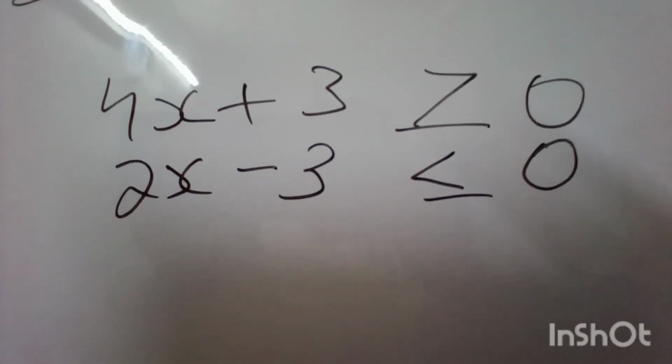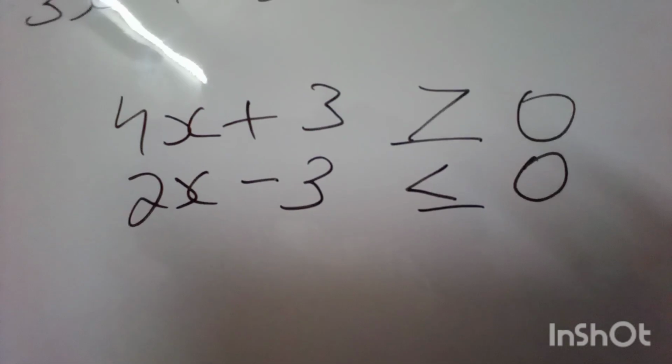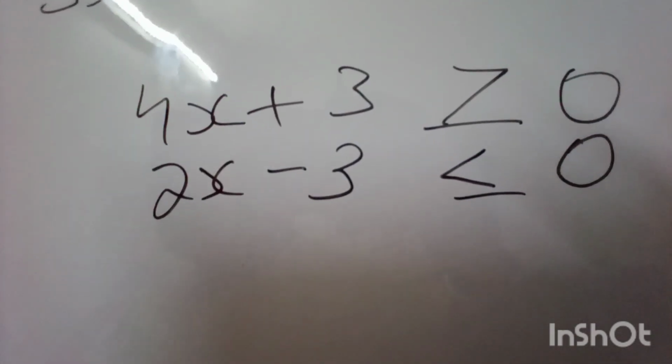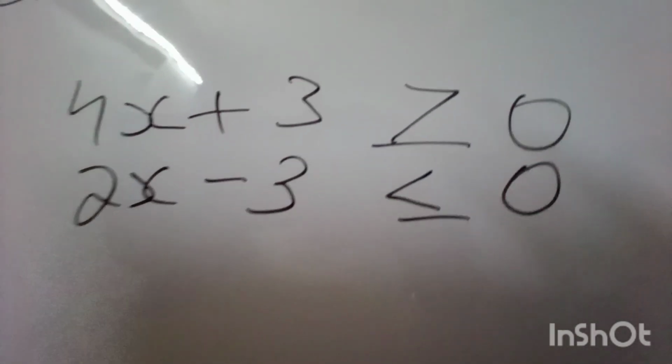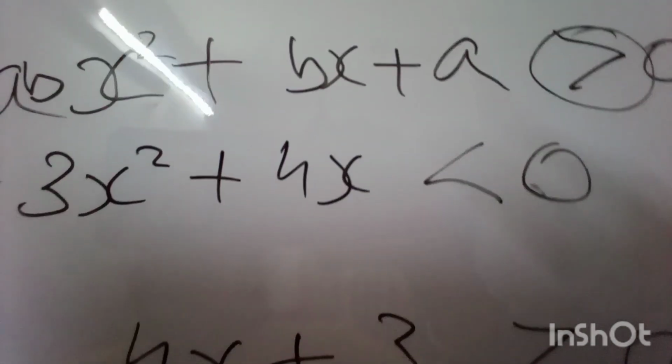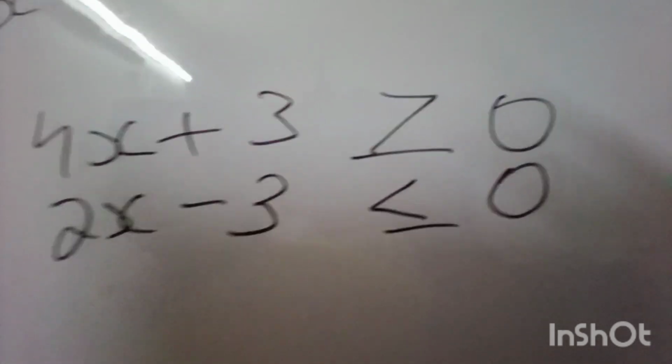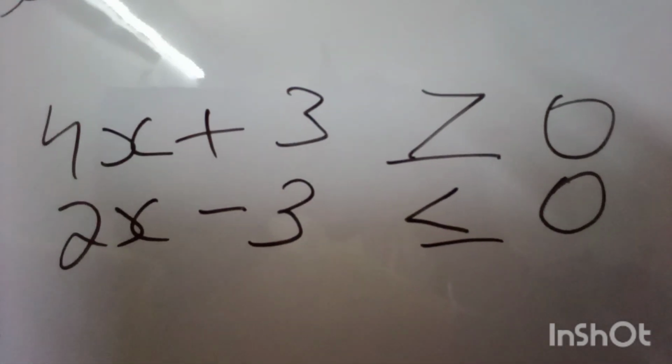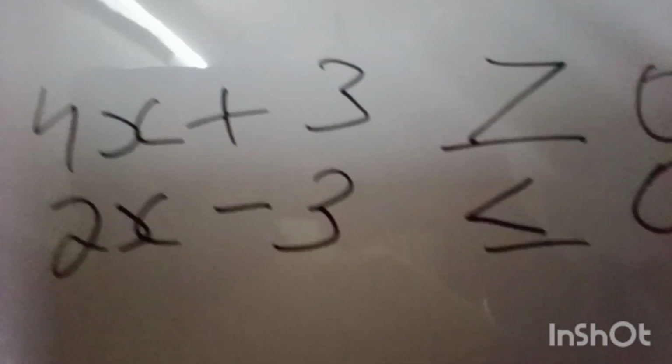The x of that equation does not carry any square power. They carry only one as the power. Since they carry only one, they are called linear, and when they take two, they are called quadratic. So like this, the power of x changes the name of an equation.